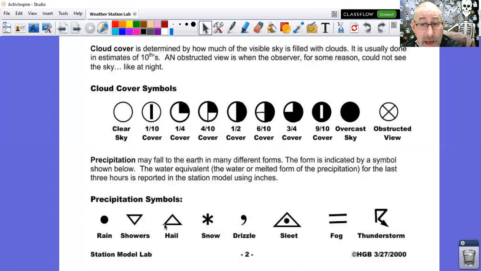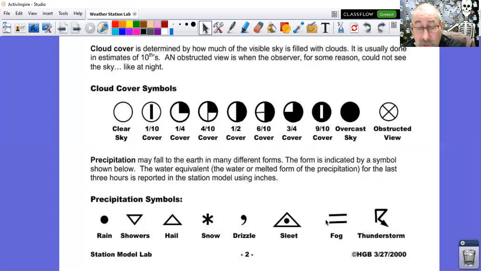The pointing up triangle means hail. The asterisk or star means that we have snow. The little apostrophe is drizzle, real light, kind of coming down constantly. A triangle with a dot in the middle means that it's sleet. That means it's freezing rain.